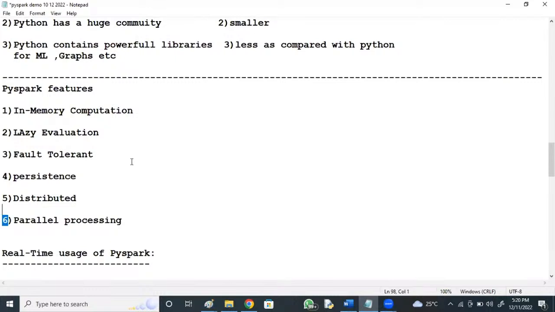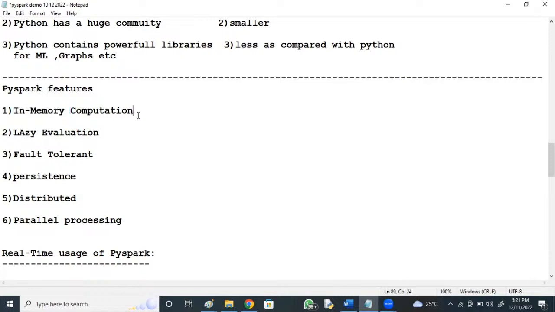Yes, multiple examples, and also the definition of these features. In memory computation means data storage and data processing happening within the memory level.